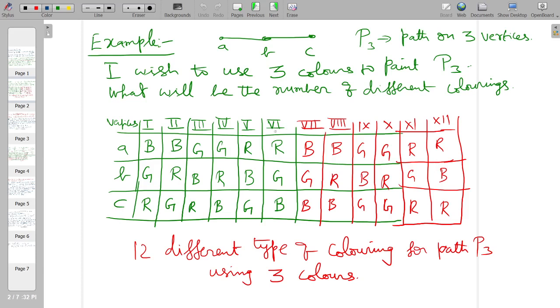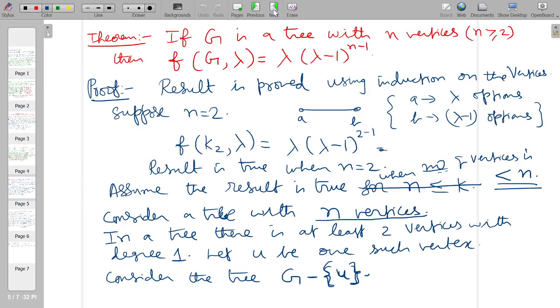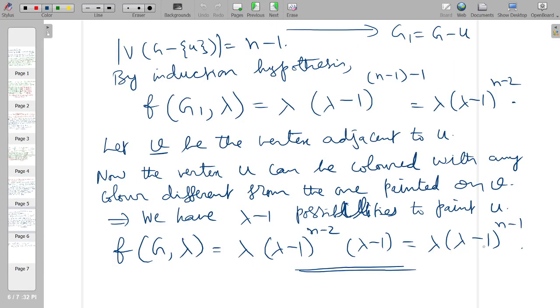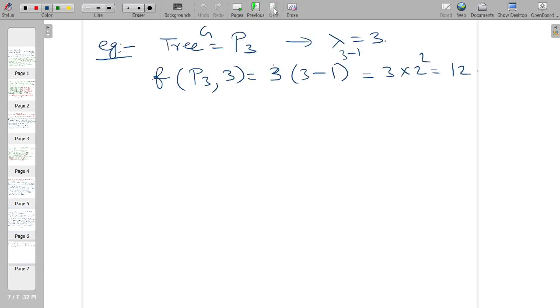You can check that the formula we have proved here for any tree, lambda into (lambda minus 1) whole power n minus 1, gives 12 different combinations for a path P3 to be painted with 3 colors.